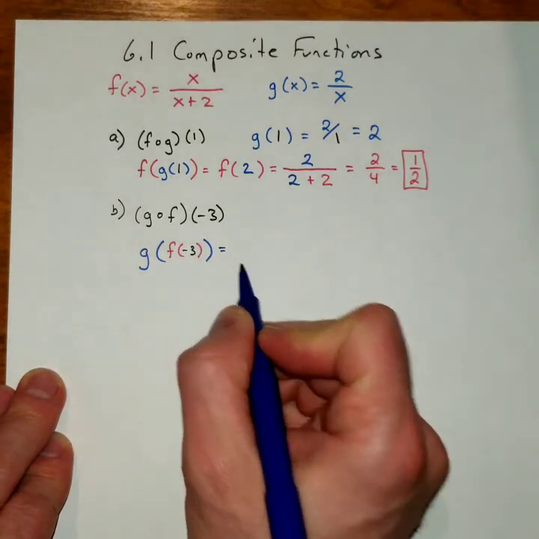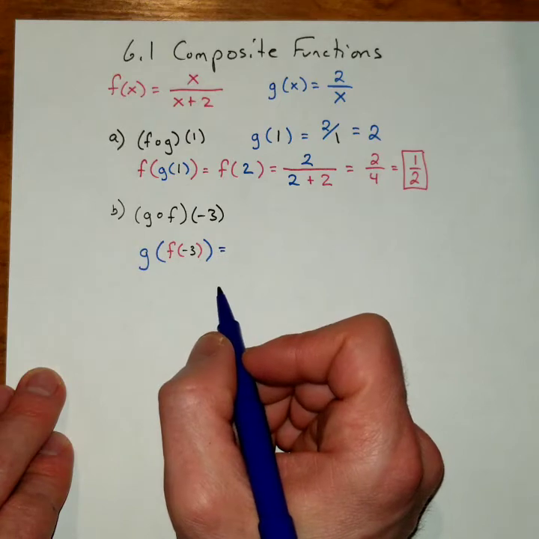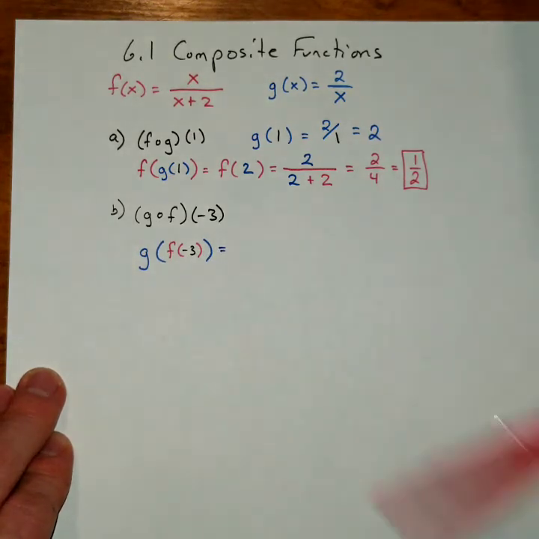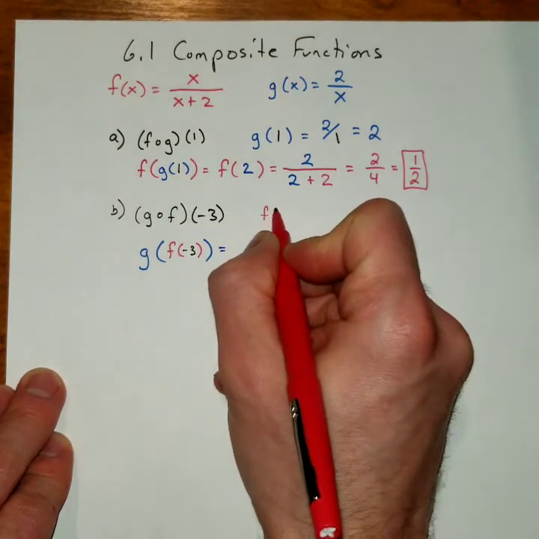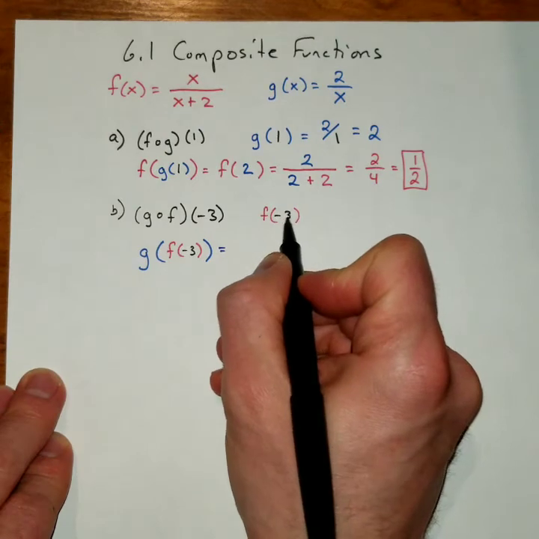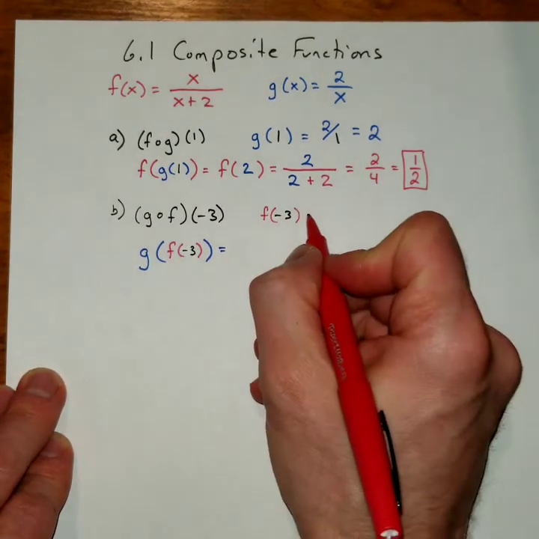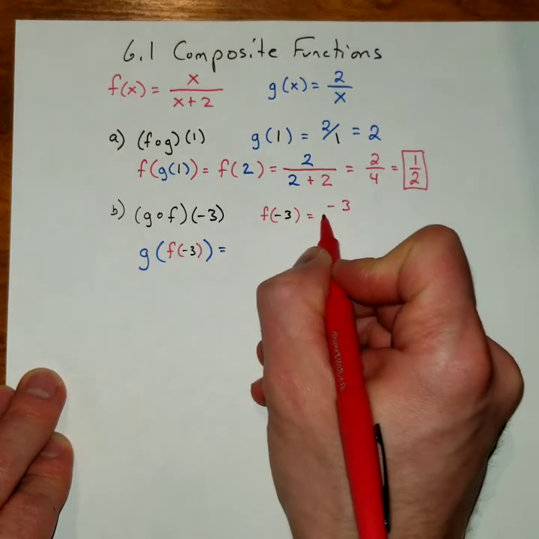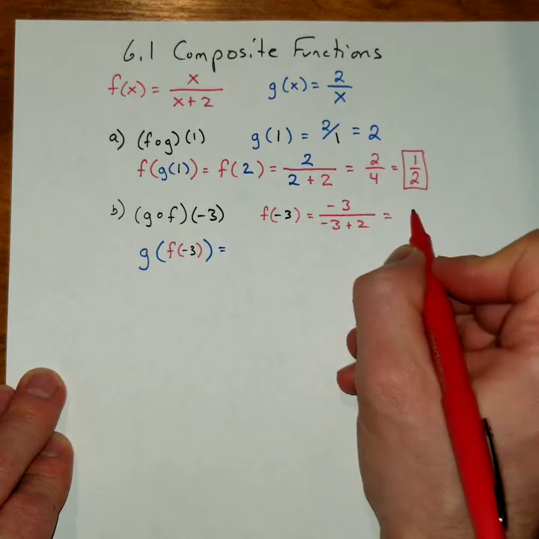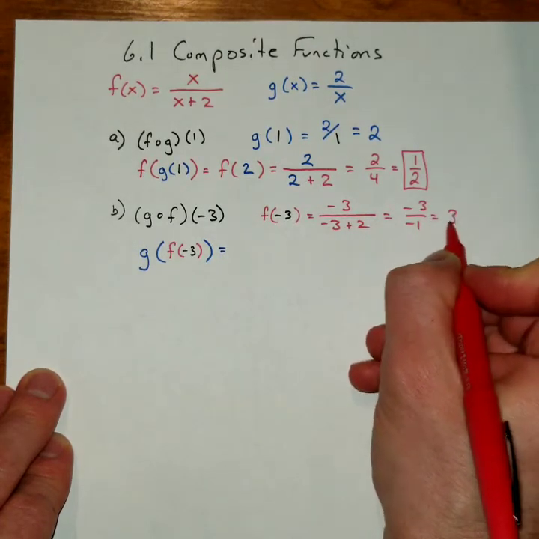Okay, so when we calculate this, we're going to want to first find f of negative 3. So I'll take that off to the side. F of negative 3 is equal to negative 3 over negative 3 plus 2, which is negative 3 over negative 1, or simply 3.